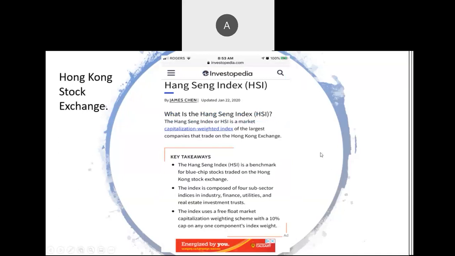Hong Kong has been often referred to as the financial center of the globe. Hong Kong, until recently, was controlled by the British Empire. But the island of Hong Kong was under a 99-year lease, which ran out a number of years ago.